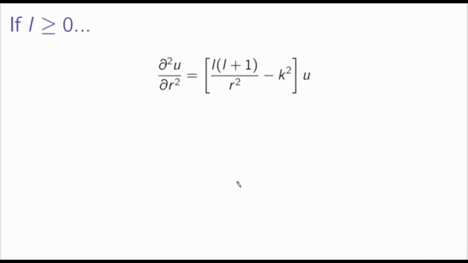Really, in order to solve this, you have to go and talk to an applied mathematician. And the applied mathematician will identify this for you as the spherical Bessel equation.